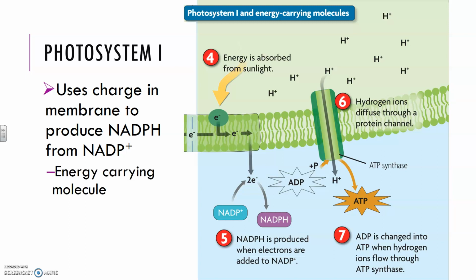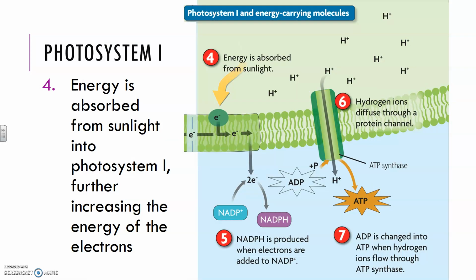Okay, it is an energy-carrying molecule, and photosystem 1 will also use those hydrogen molecules that it spent all that time building up inside the thylakoid in photosystem 2, and it will use those hydrogen molecules to produce ATP.